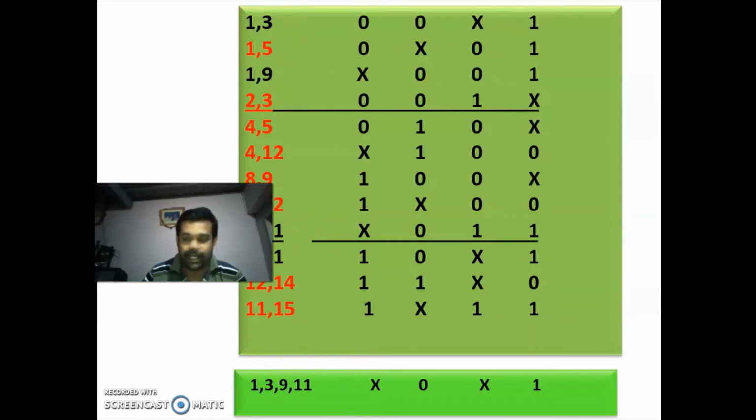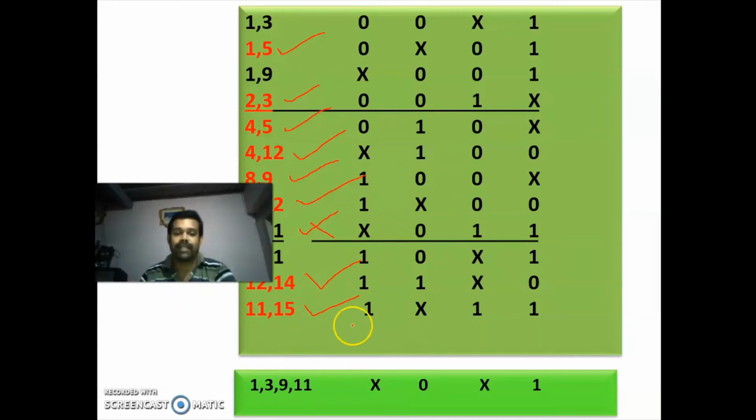So 1 3 is present, no problem. 1 5 is not present, so you have to put a tick mark. 1 9 is present. 2 3 is not present. 4 5 is not present. 4 12 is not present. 8 9 is not present. 8 12 is not present. 3 11 is present, no problem for 3 11, don't tick it. 9 11 is also present. 12 14 and 11 15.